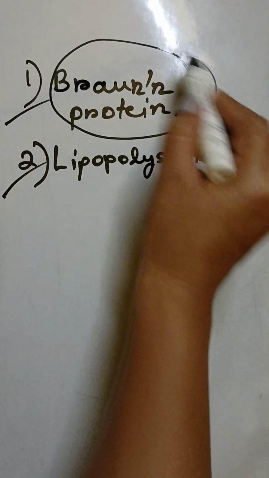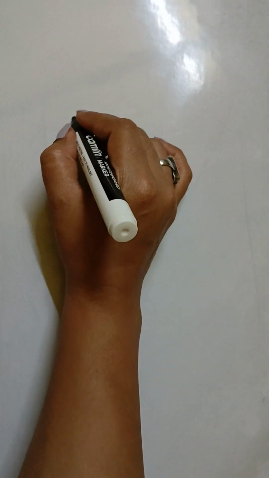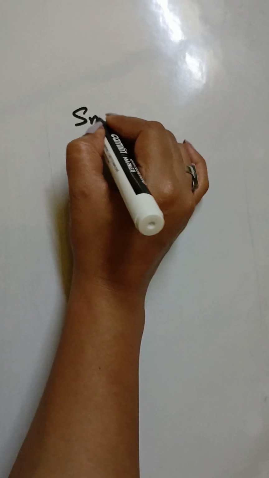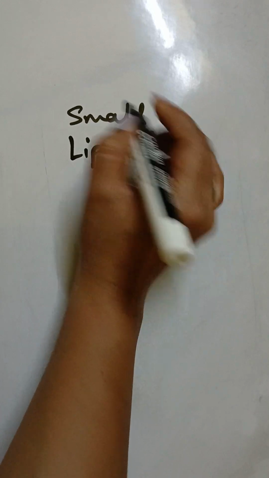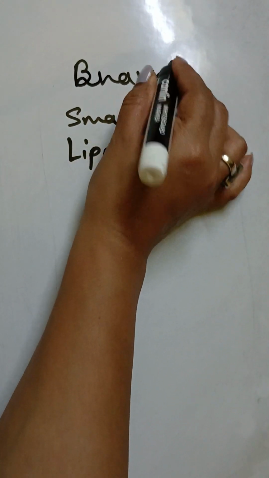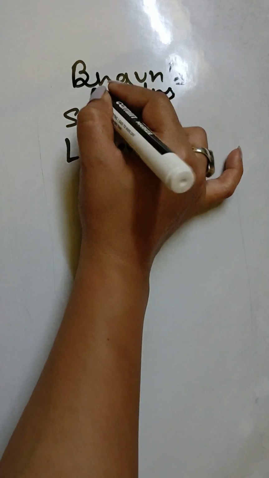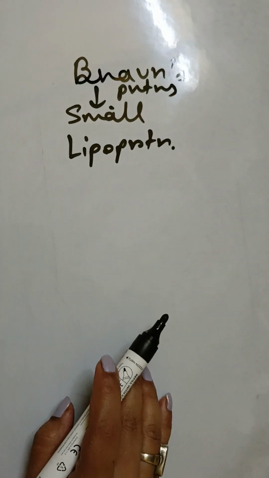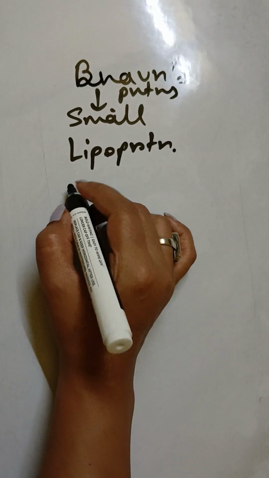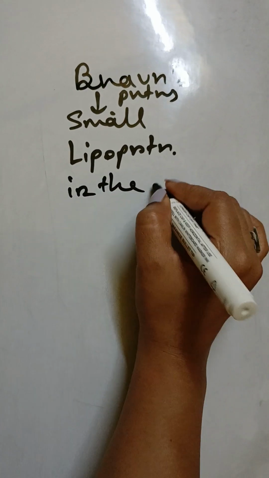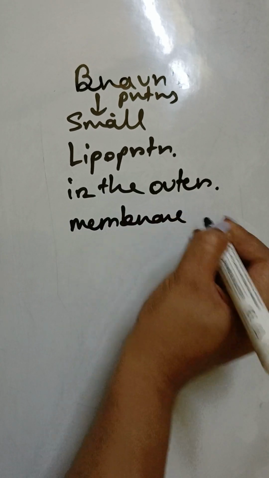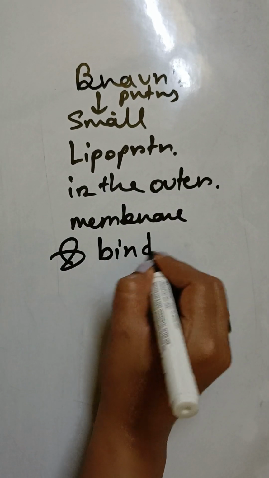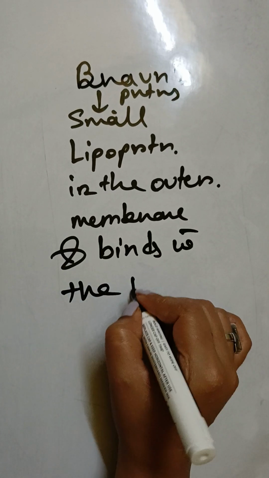Now, what is the function of Braun's proteins? Braun's proteins are basically small lipoproteins. These small proteins are embedded in the outer membrane and bind with the PDG layer.